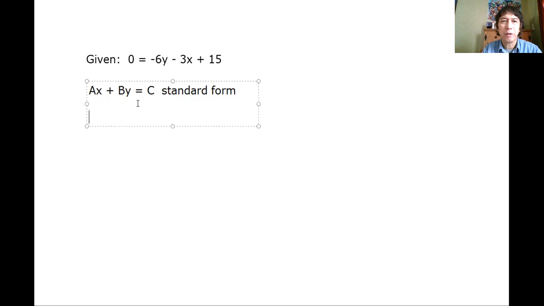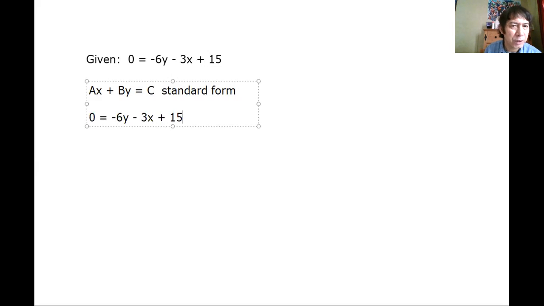So from the given, we have 0 equals negative 6y minus 3x plus 15. And as you can see here, you only have to move the 6y and 3x to the other side and have the number 15 on that particular side.